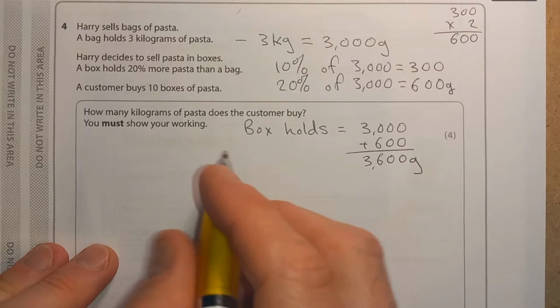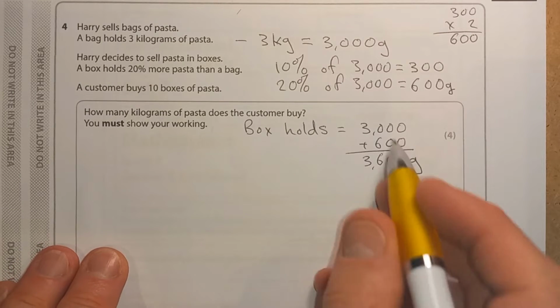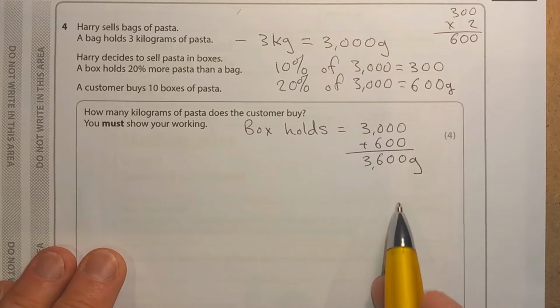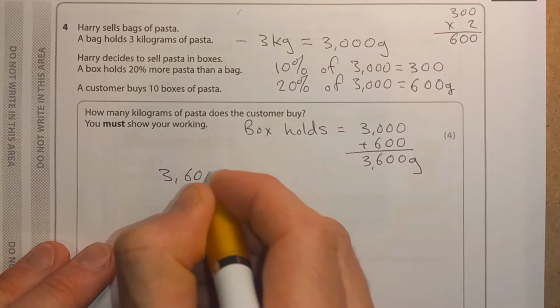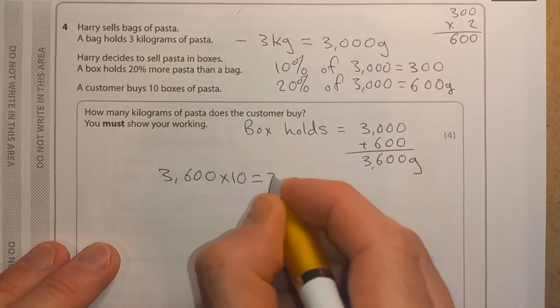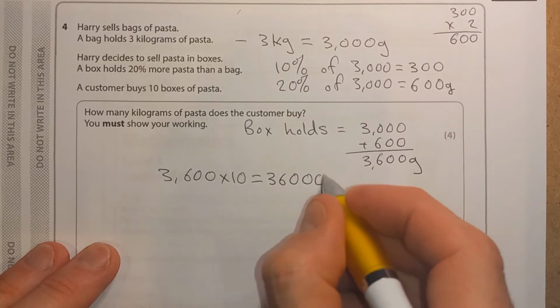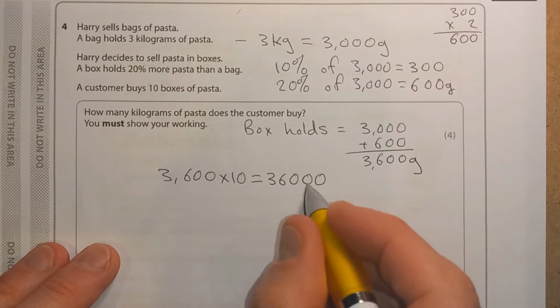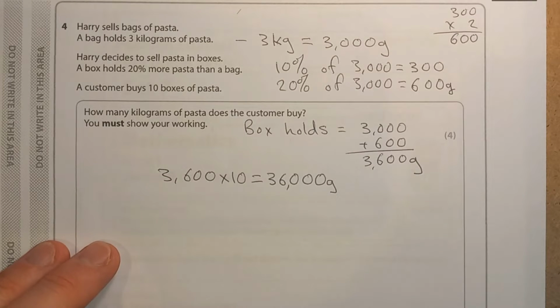Okay. Now, we want 10 boxes. Well, I could do it as a column and do 3,600 times 10. But I know that if you're multiplying by 10, all you're doing is putting an extra 0 on the end. And then 1, 2, 3. So we've got 36,000 grams.